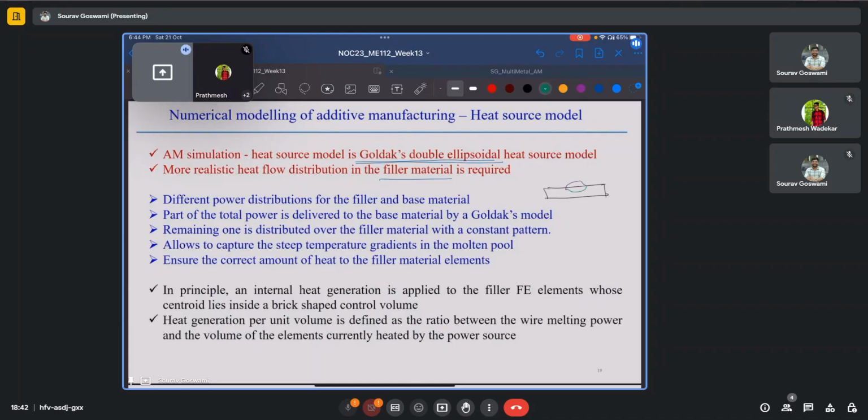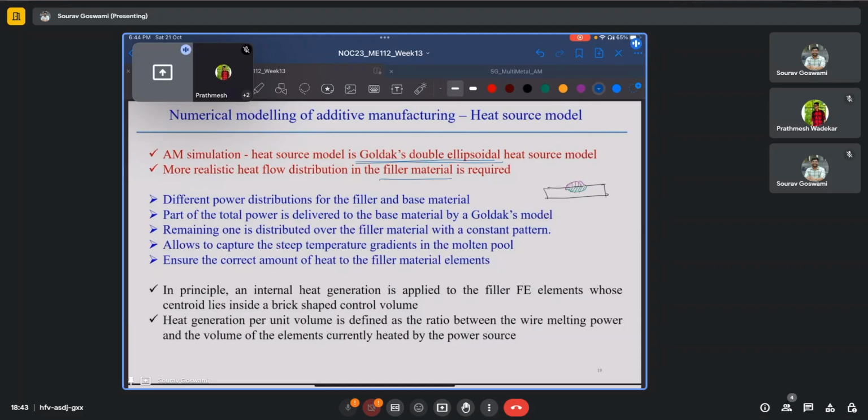What we can do is have one energy distribution or temperature distribution for the molten region into the substrate, and maybe a second type of energy distribution for the deposited bead to make a more accurate model.